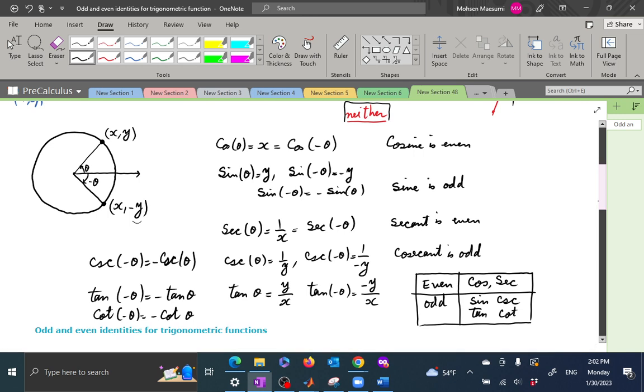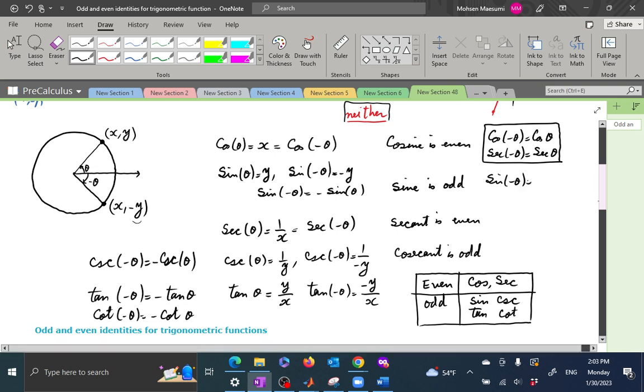So let me write it one more time. Cosine of minus theta is same as cosine of theta. And similarly, secant of minus theta is same as secant of theta. Everybody else, the minus survives. So we have sine of minus theta is minus sine of theta.